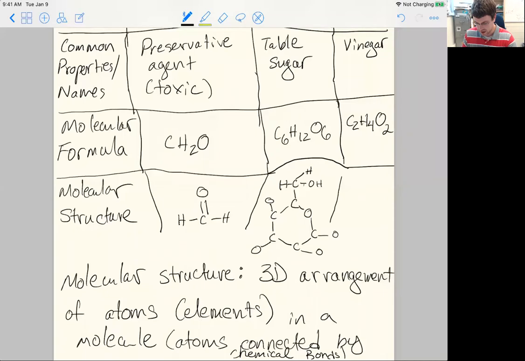Okay, so now if you count, we've got 1, 2, 3, 4, 5, 6 oxygens, it looks like. And what about our hydrogens? We're going to add hydrogens to the oxygens that aren't part of the hexagon structure.